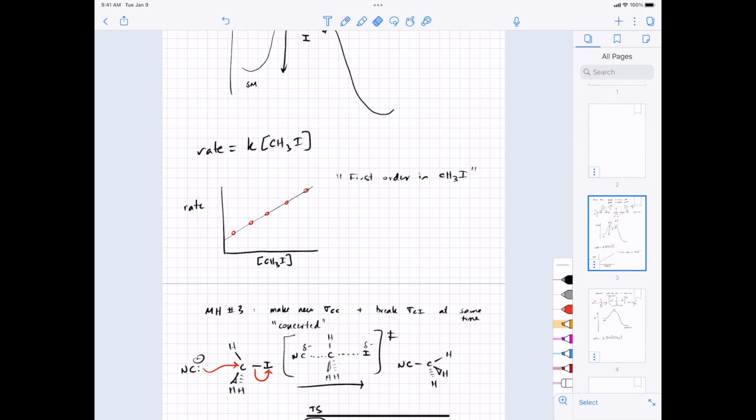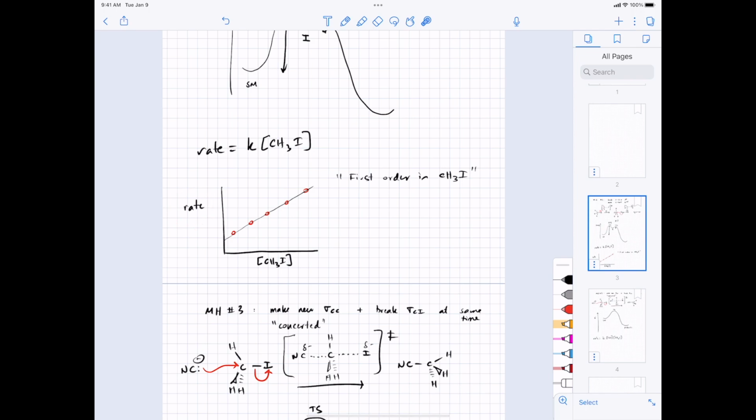Yeah? So even though the rate goes up linearly, if you measure the reaction over time, like concentration over time, that'll be exponential, right? So let's see. The exponential part actually comes from, sorry, it took me a minute.